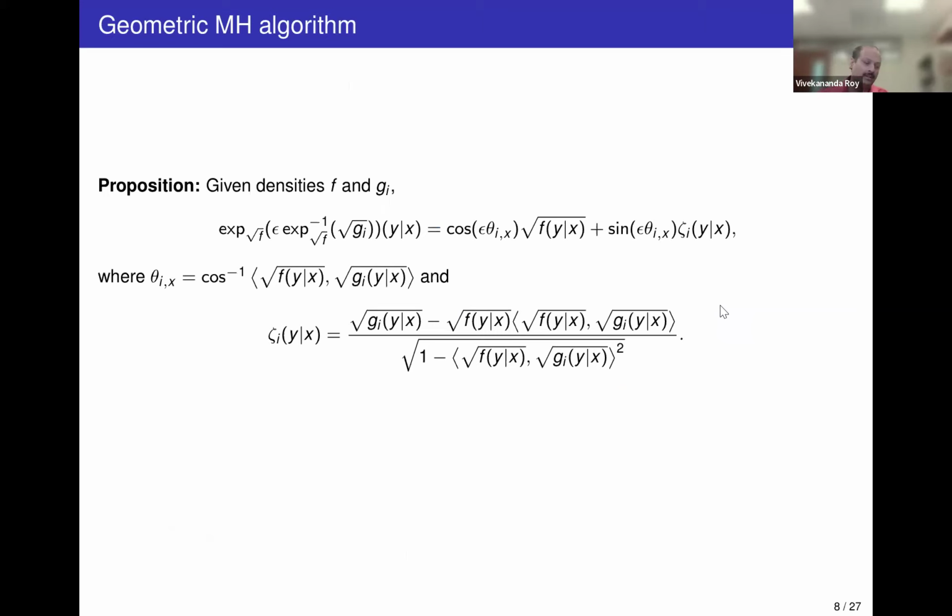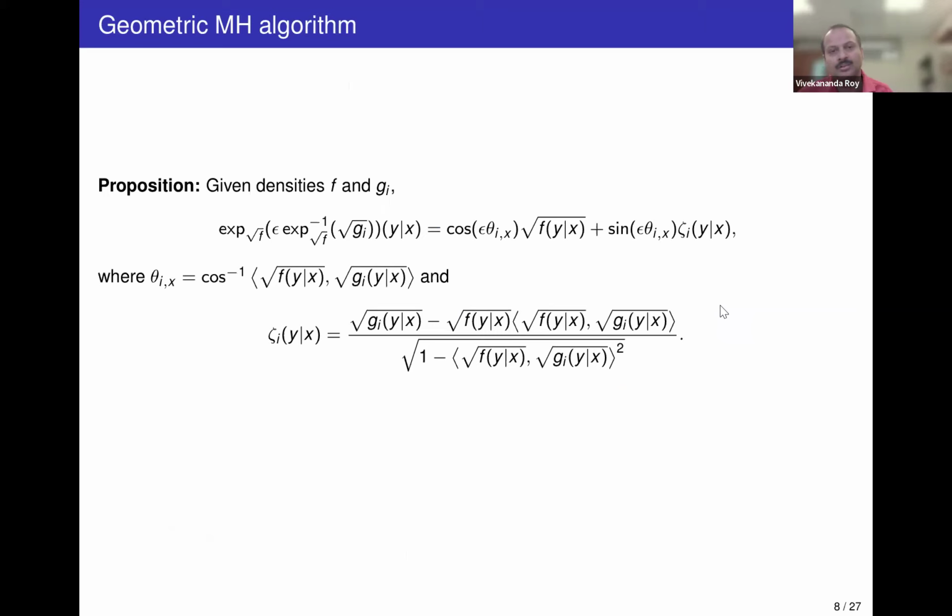So naturally, the question is, is this proposal density available in closed form? Can I sample from it? So you can see that this map has a simple structure.